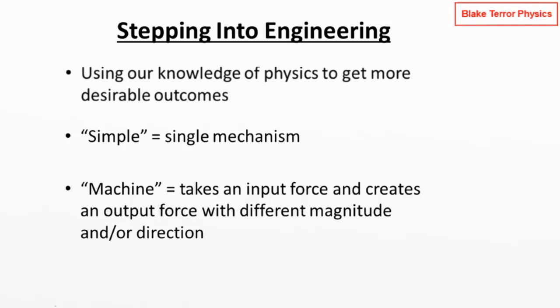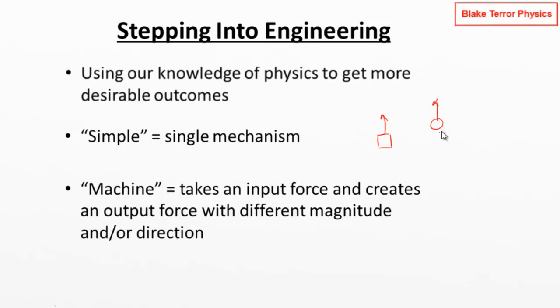So if you think of trying to lift up a heavy object, we might not be able to lift up an object. We got something which is just too heavy for us sitting on the floor. We're applying some force here, but it won't shift. We can then put a machine in this where actually we can apply that same force to our machine, whatever that may be, which then creates a larger force.